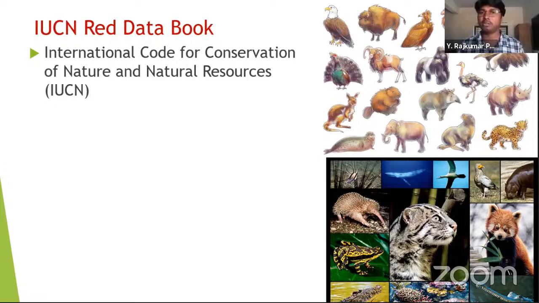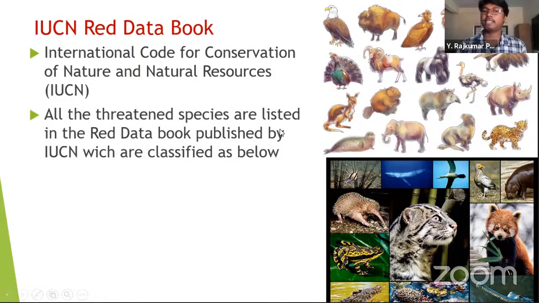Examples like kangaroos. Mostly you can find kangaroos only in the Australian continent, isn't it? You cannot find those animals in other places. Hence, Australia is the endemic place of these kangaroos. So kangaroos are endemic species of Australia.